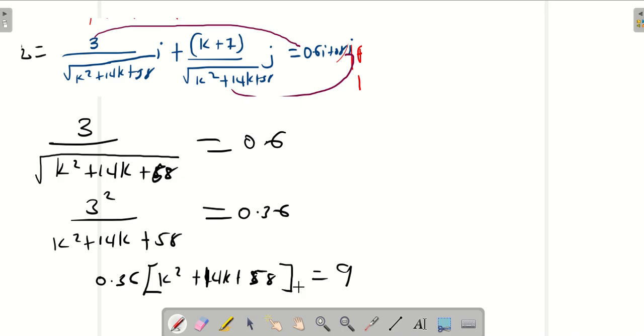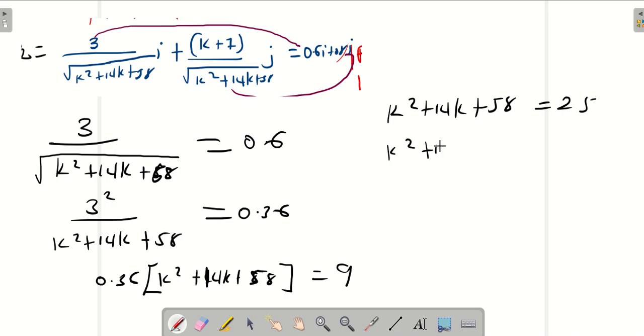Now 9 divided by 0.36 is what? Check for me. Is it 25? It's 25. So we have k squared plus 14k plus 58 equal to 25.